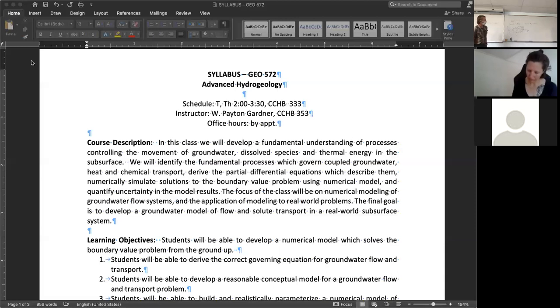Okay, so how would we calculate how much mass is in our box? Okay, so yeah, good point. I'm going to say that all of our pore space here is fully saturated with water, and the mass that we're interested in is the water mass.